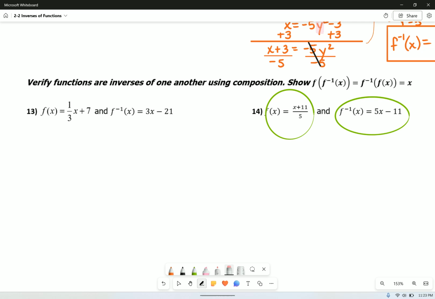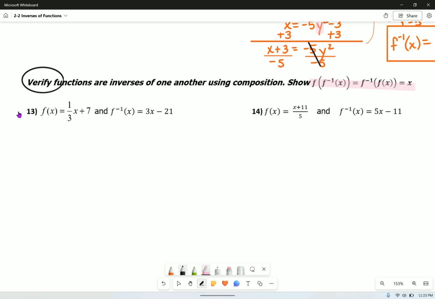Okay? So I'm doing the work. But what I'm asking you to do is verify, in other words, double check me, and prove to me that I indeed did find the correct inverse, okay? And so to be able to verify, you are going to have to do the following equation right here.